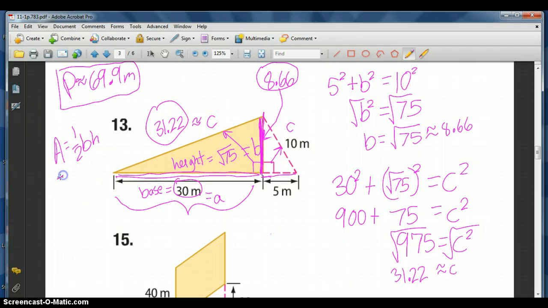So if we substitute in, we would take half of 30 times the square root of 75, or 15 times the square root of 75. So 15 times the square root of 75 is approximately 129.9. And since it's area, that would be square meters.